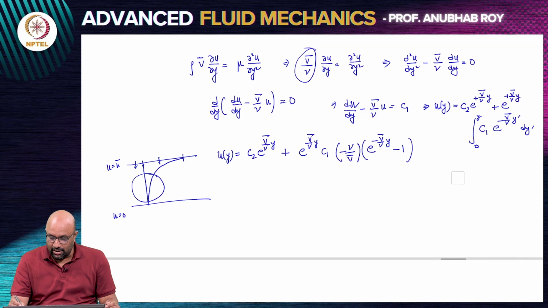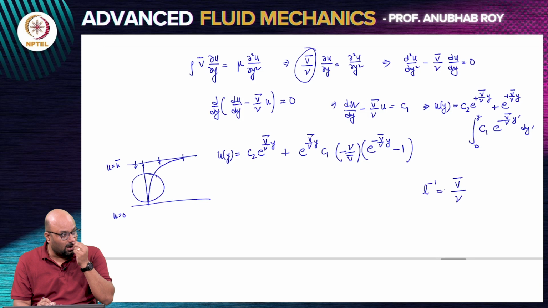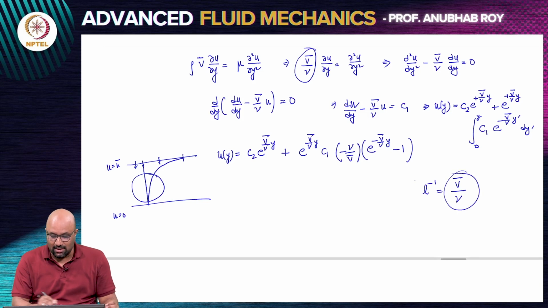The quantity v bar is a velocity, and nu is the kinematic viscosity. The numerator is meter per second, the denominator is meter square per second. So, this particular object has a dimension of an inverse length.